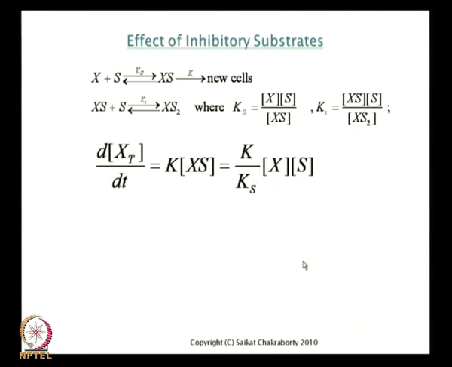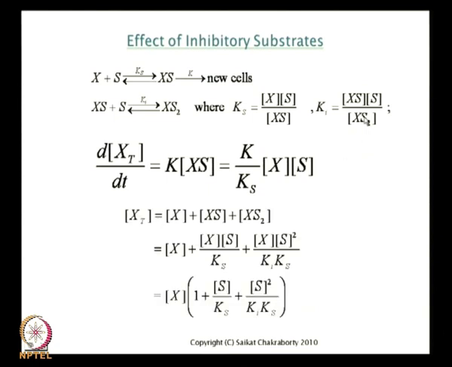Okay. Now the other thing is to take care of this XS2. So my constraint equation again is the total amount of cells that is present. Cells are present as parent cells and daughter cells as X, in terms of the intermediate complex XS, and in terms of the complex XS2. So the cells are present in these three different forms. Fine. Again, I want to reiterate that Xt is not a constant, but it varies with time.